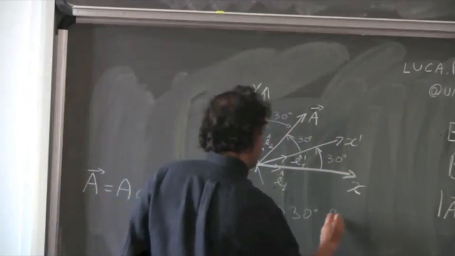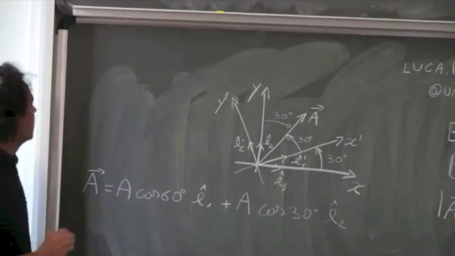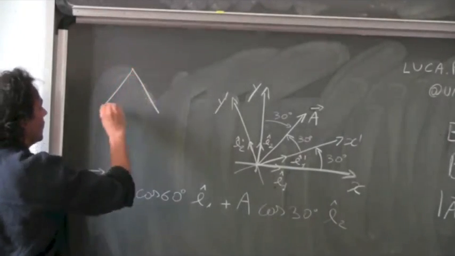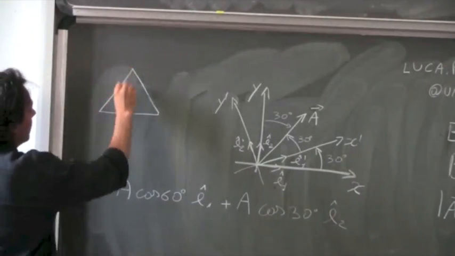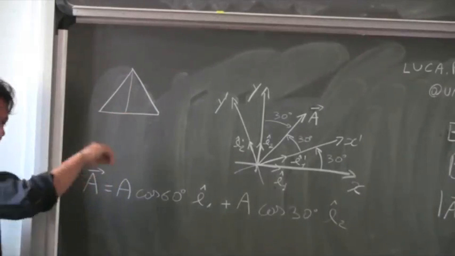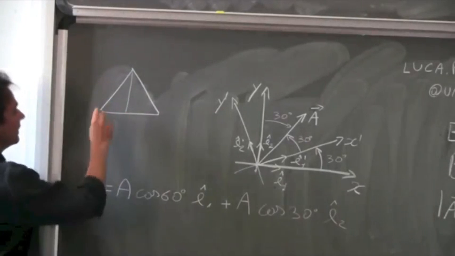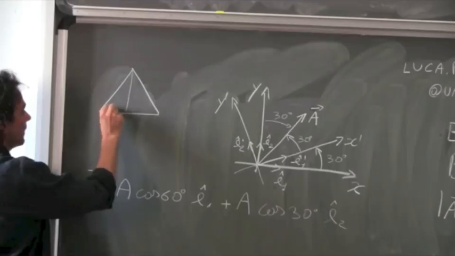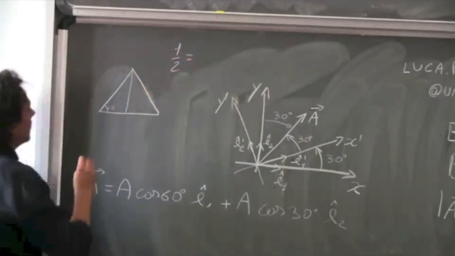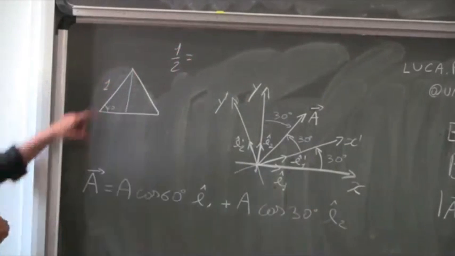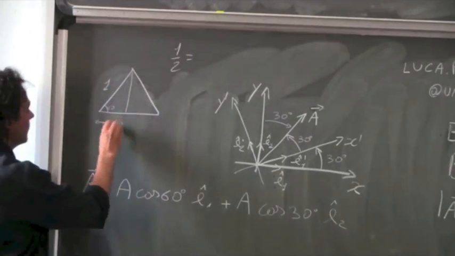From the rule of the triangle, you know that the sum of the angles inside the triangle is 180 degrees, so this is 60 degrees. And so one can say that if the length of this side is 1, this is 1/2.